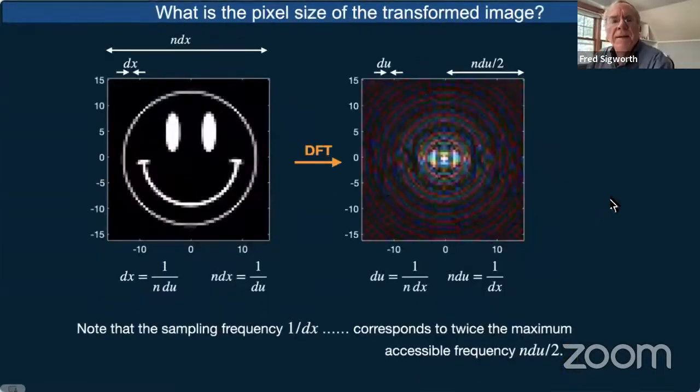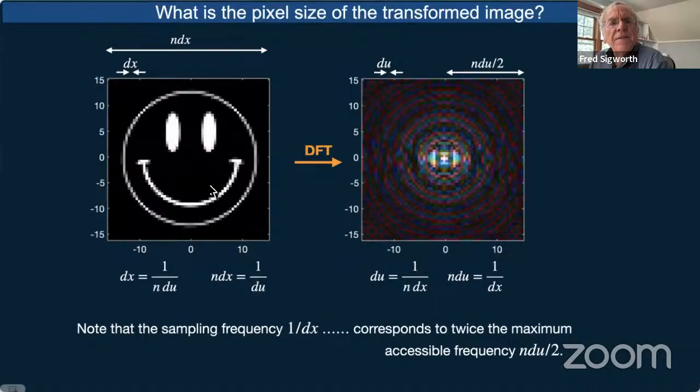Okay, so now the scaling of the discrete Fourier transform is important to note. The issue is what is the size of a pixel in the Fourier representation of an image, and this is something that's going to come up in real life.